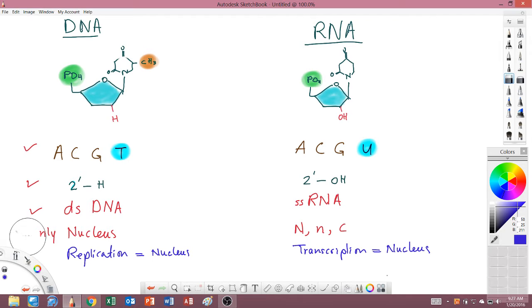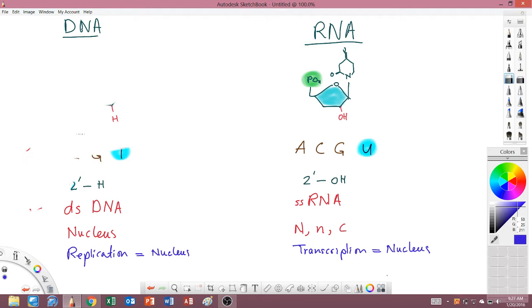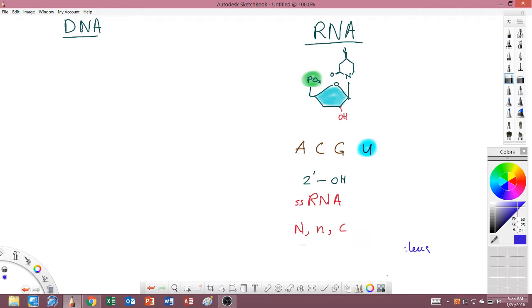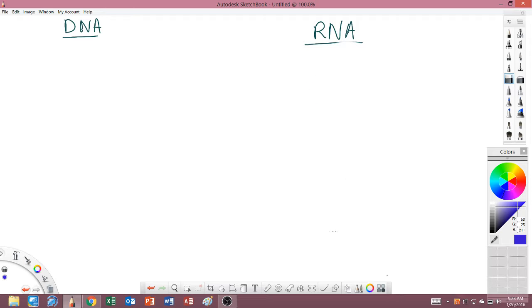Last thing, so we're done with what is the difference between DNA and RNA. We know now a little bit of difference. Good. Now, DNA can come in different forms.